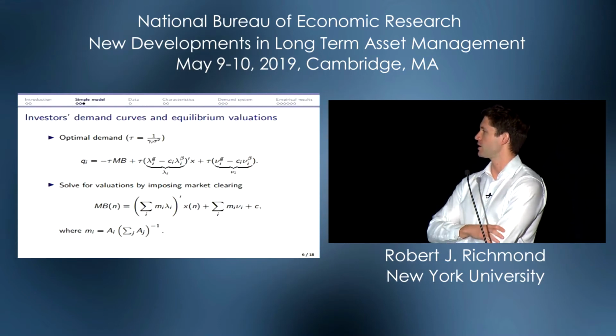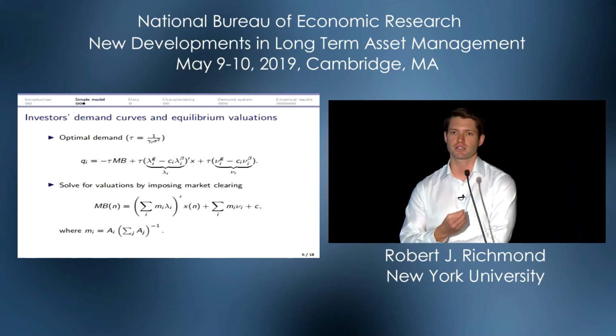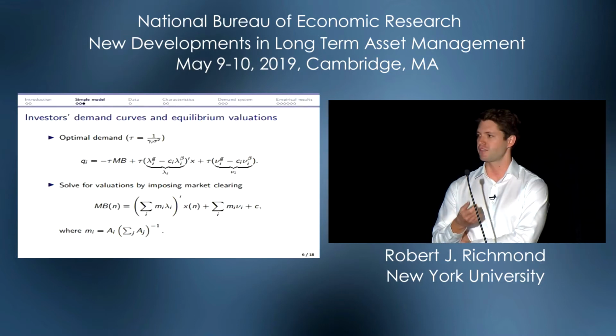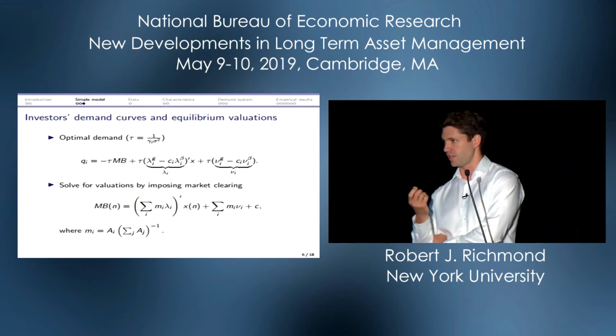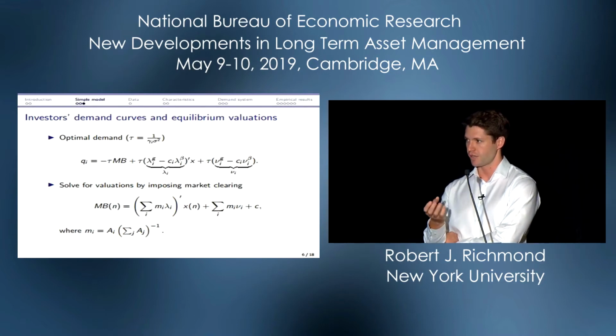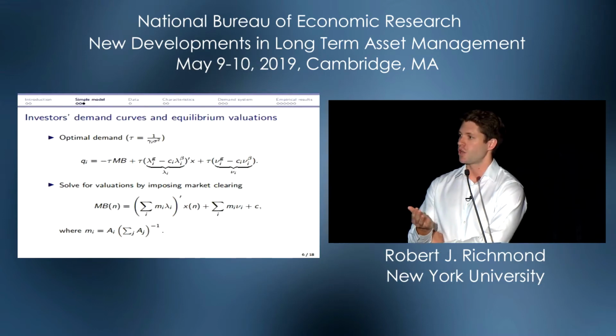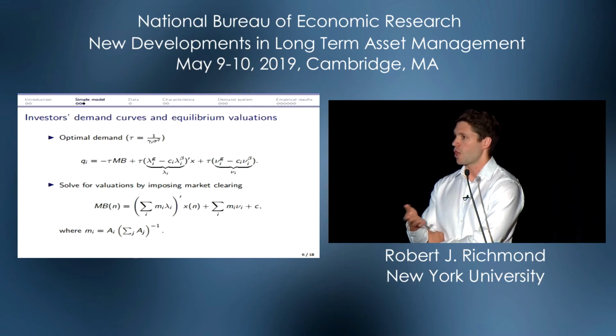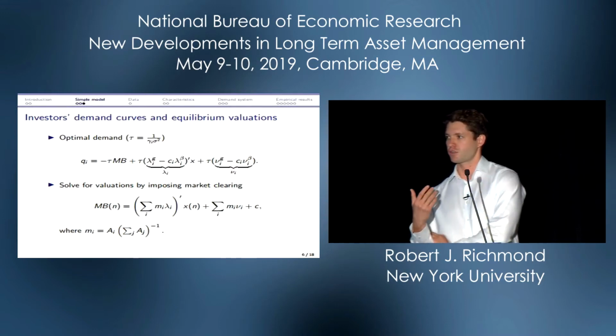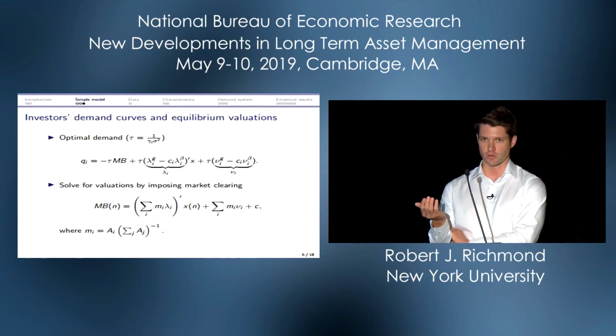And so what this expression shows us is that the cross-section of valuation ratios depends on the underlying demand and the way that each of these investors forms their belief based upon the characteristics. What you see is that larger investors or investors with more extreme views are more influential in driving the cross-section of valuation ratios across firms.